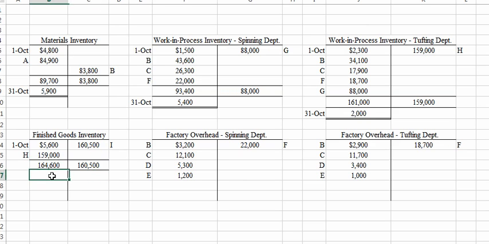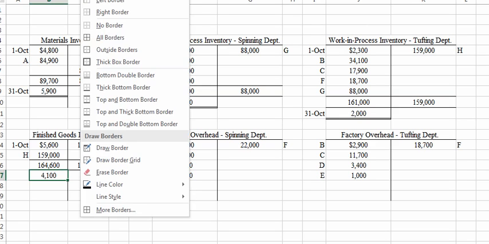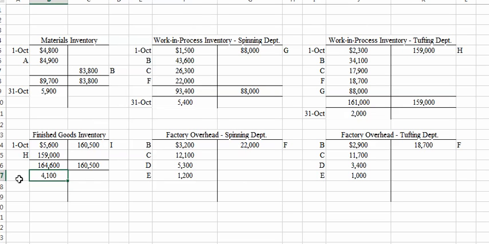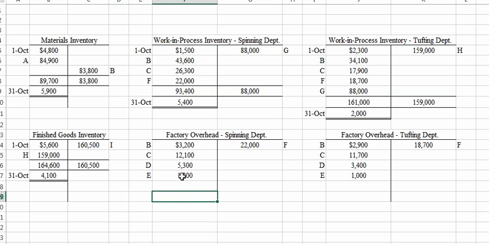So we're going to say debit side minus the credit side, and that's $4,100, and that's our October 31 balance. Okay, now let's get to our overhead accounts. We'll talk about these a little more.